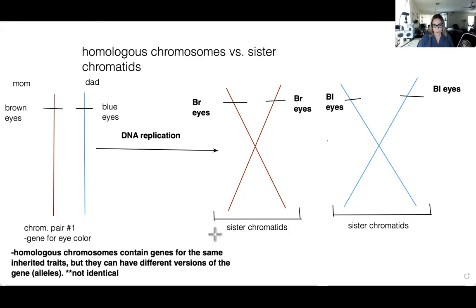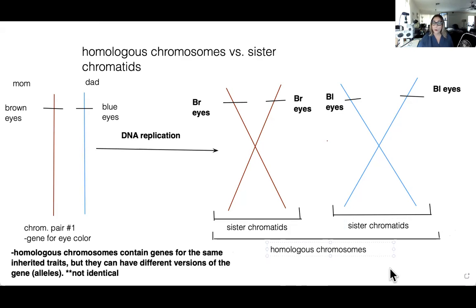Now, it is really important that you understand the difference between sister chromatids and homologous chromosomes. The red sister chromatids are homologous to the blue sister chromatids.